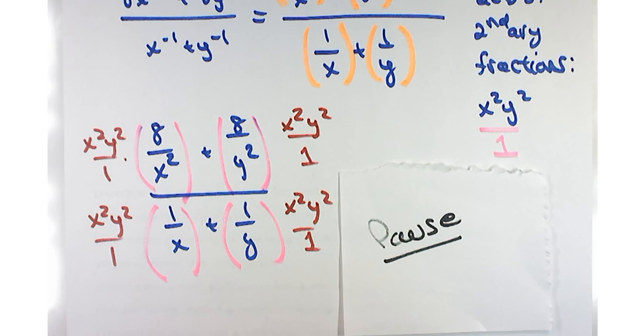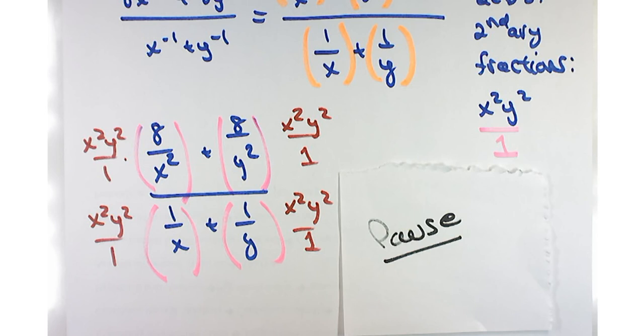Cancel out, yeah, that's right. It looks good. We're going to want to multiply X and Y, and then cancel out the Y, right?